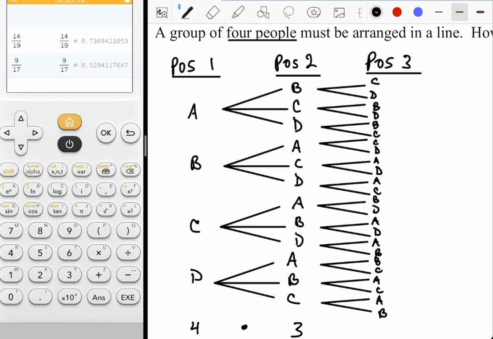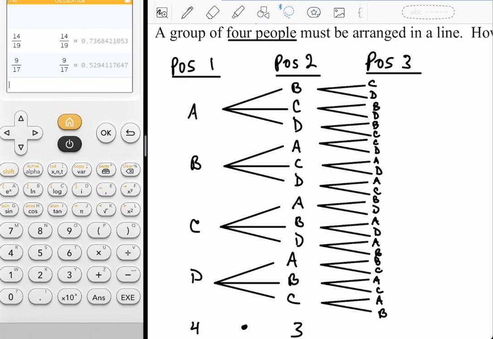Now there are some repeats along the way here. So if you look at ABC, for example, that first branch here, you could look at that and say that that's the same as saying BAC or CBA. All right, we have to keep that in mind.